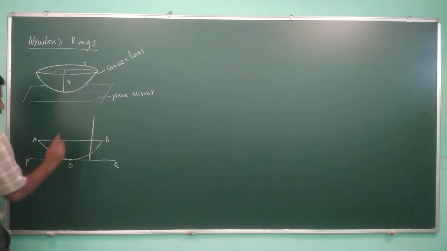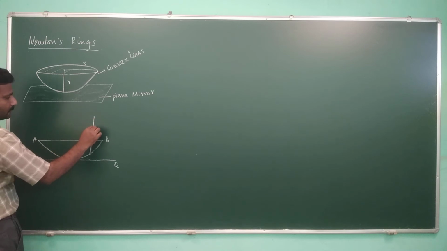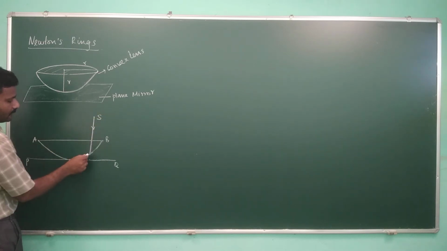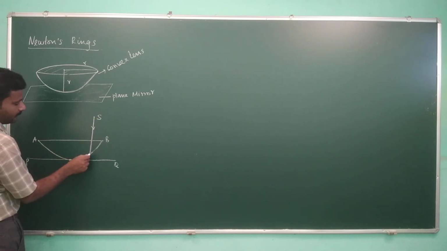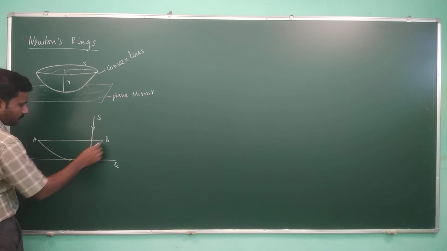what will happen? This monochromatic light, let's say S, will be reflected from the bottom surface of the convex lens, that is, the convex surface.